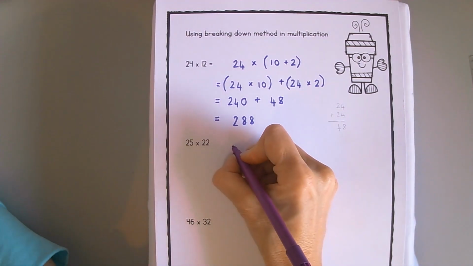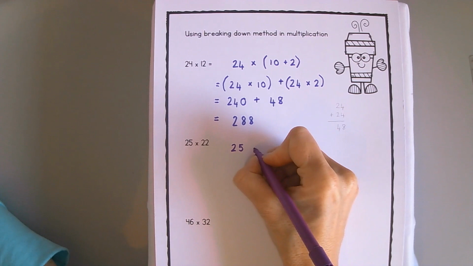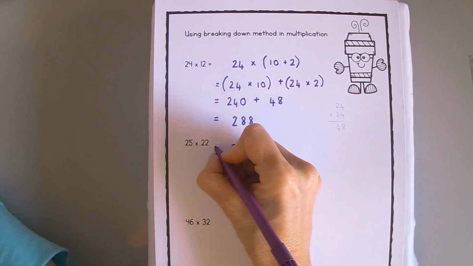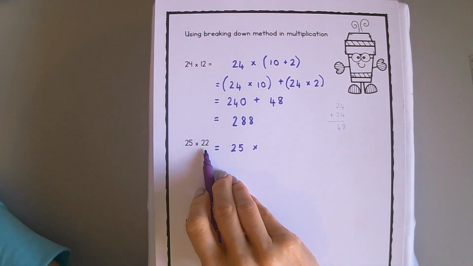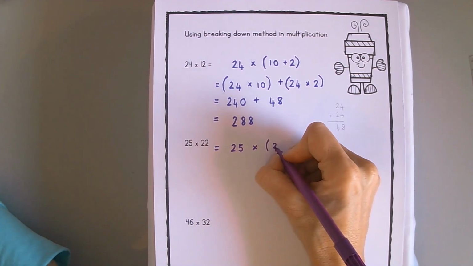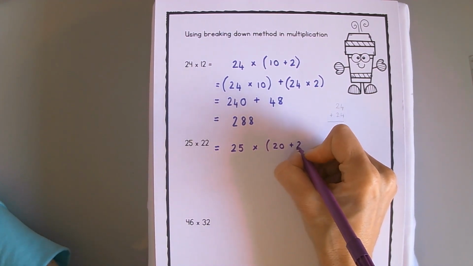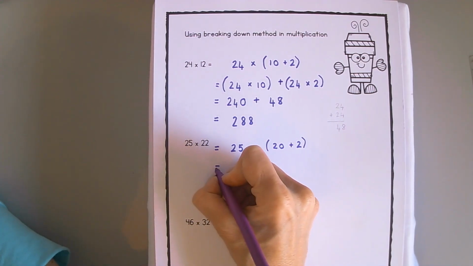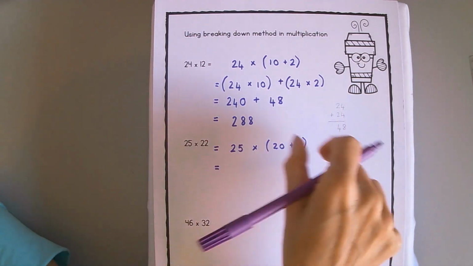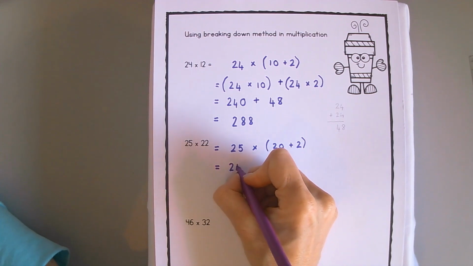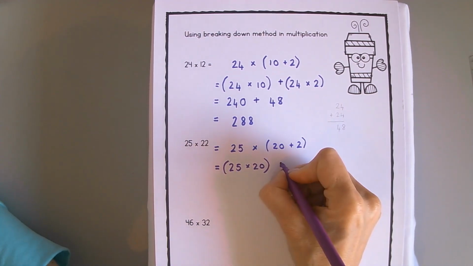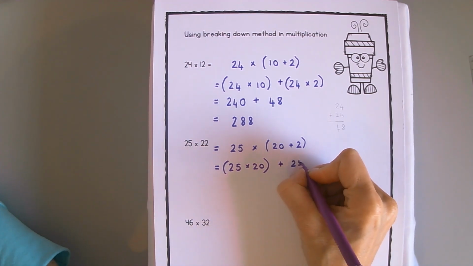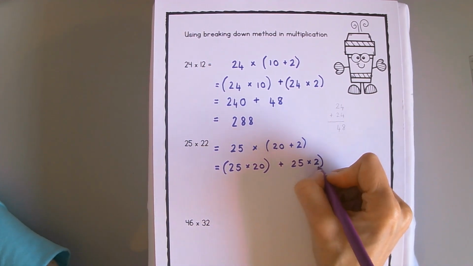We're going to do 25 times 22. So in this case, what are we going to break this number into? Okay, we need to break it into 20 plus 2. And then we're going to give each one a piece. So you're going to have 25 times 20 plus 25 times 2.